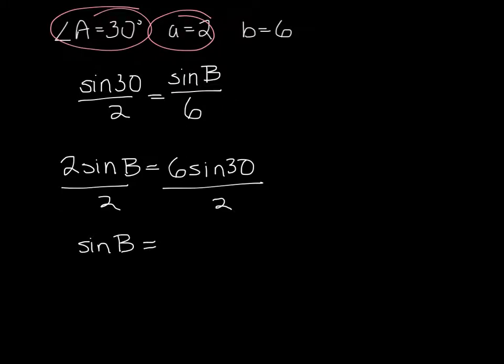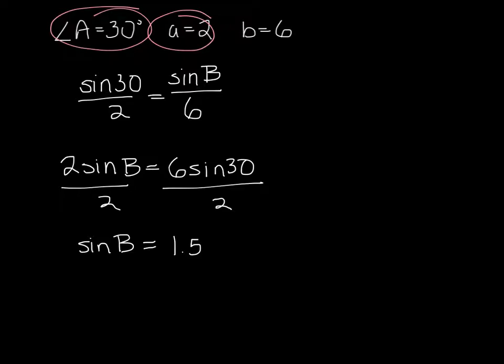I'm going to type this into my calculator. And remember, when we're solving for an angle, we have to do the inverse. So it's second sine, second answer, which is above the negative key, and I get an error message.